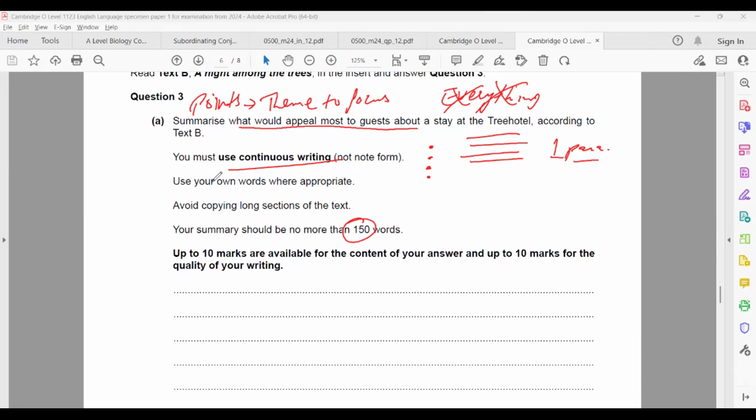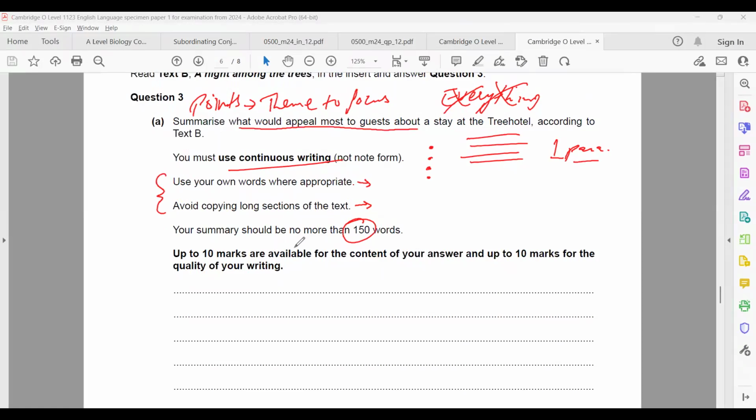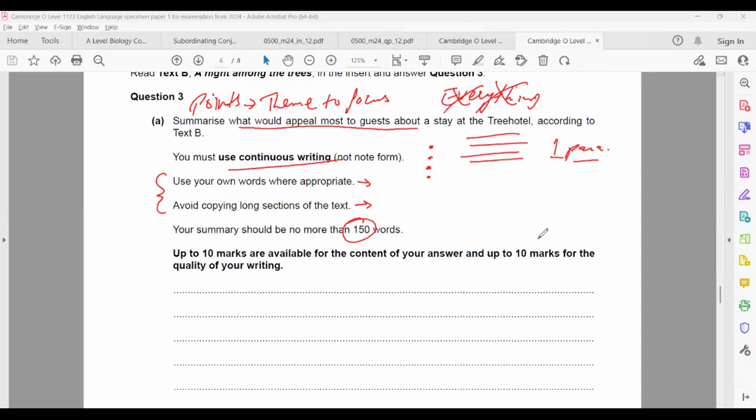Use your own words where appropriate. Avoid copying long sections. So this goes together. If you're just copying long sections of the text, you're obviously not using your own words. You can see over here it says in bold, up to 10 marks available for content and 10 marks for the quality of your writing.